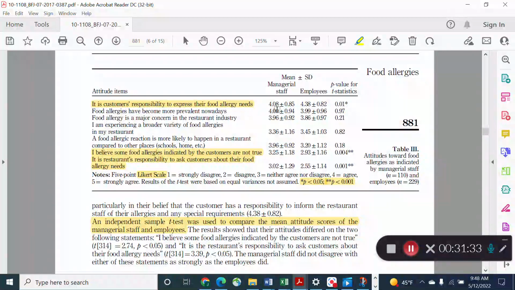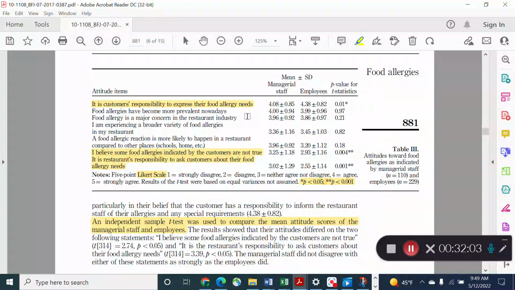And what they found was that employees had a higher level of agreement to that statement compared to managers. And so this is saying that the employees strongly agree with that statement that it is the customer's responsibility to express their food allergies.